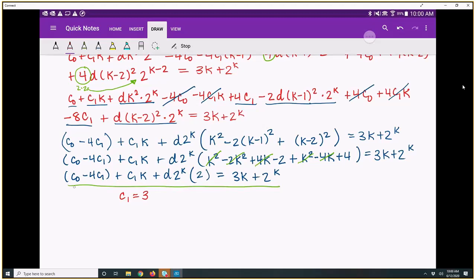So c0 minus 4 times 3, just by plugging in c1, should be equal to 0, because it doesn't show up on the other side. I could have written plus 0 here. And so that tells me that c0 is 12.